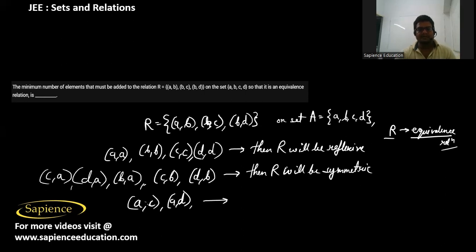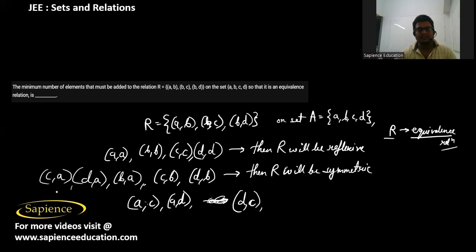BA is there, AC is there, so BC is there. DA is there, AB is there, so DB also should be there. DB is there and BC is there, so DC also should be there.